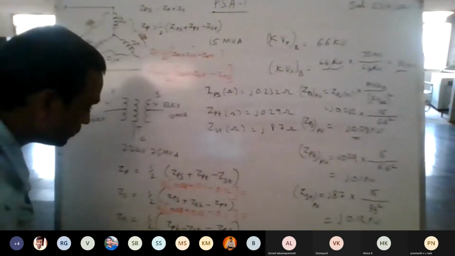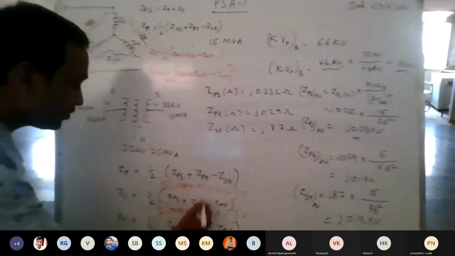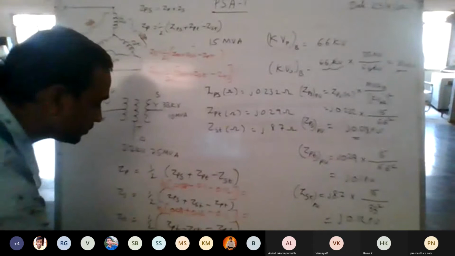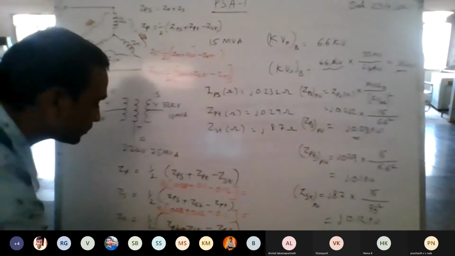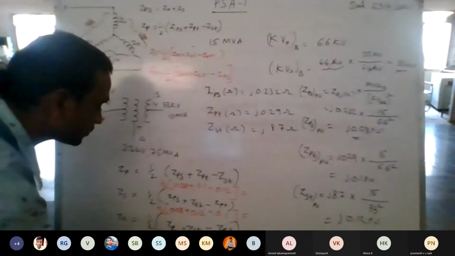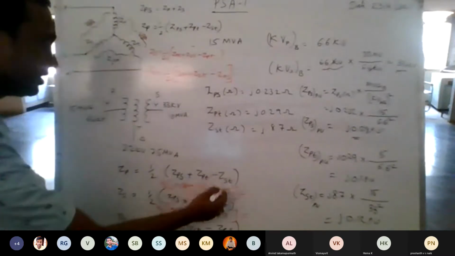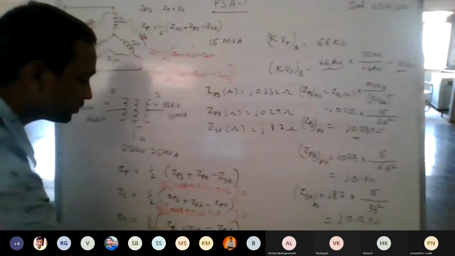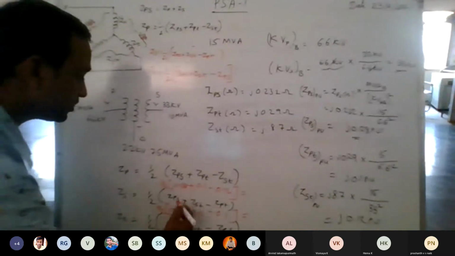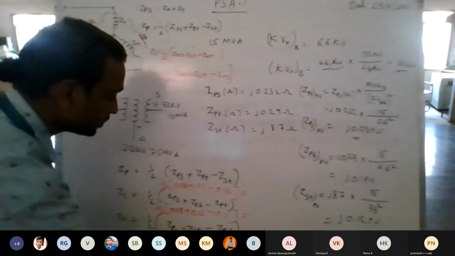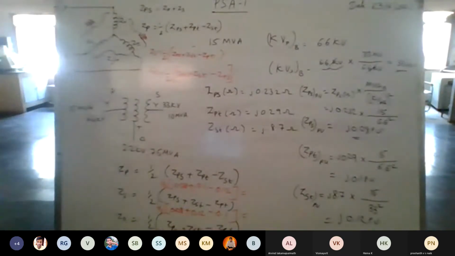Similarly here, J by 2 into ZPT is equal to 0.1 plus ZST is equal to 0.12 minus ZPS, ZPS is equal to 0.08. Is it clear?